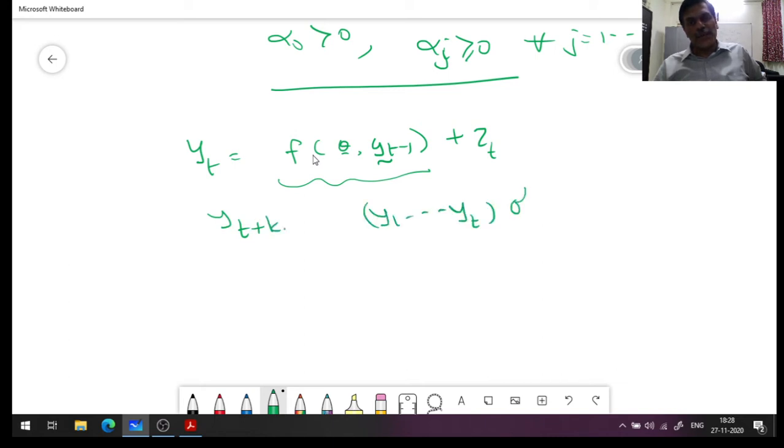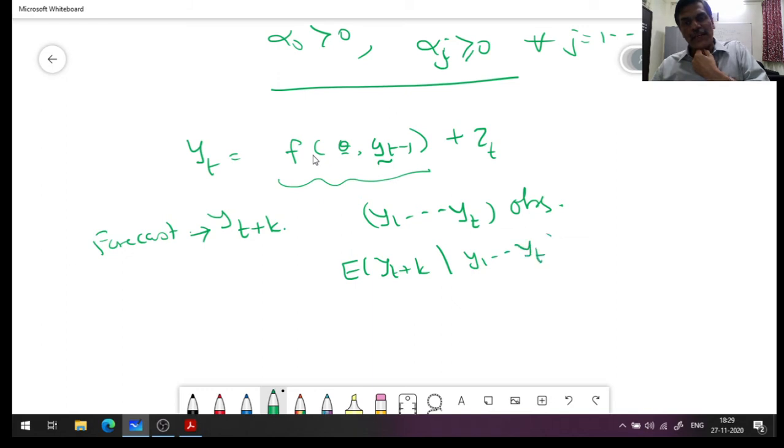So this is my observation. So you are trying to forecast the expected value of yt plus k given y1, y2, up to yt. This is the conditional best forecast. And with normality, this is a linear function of the observations, and that's what we do.